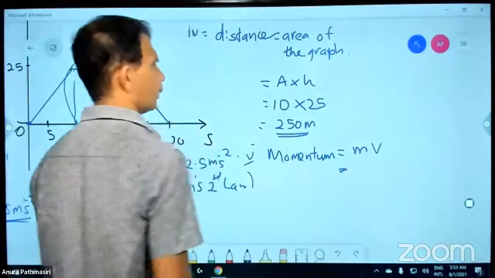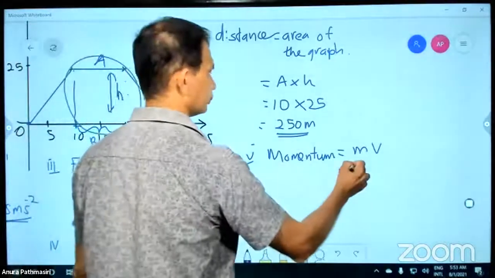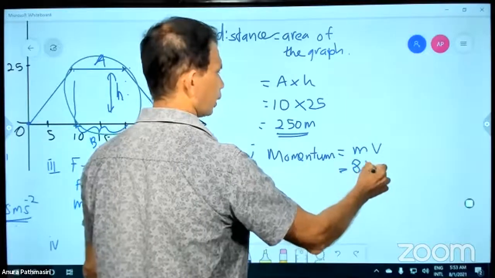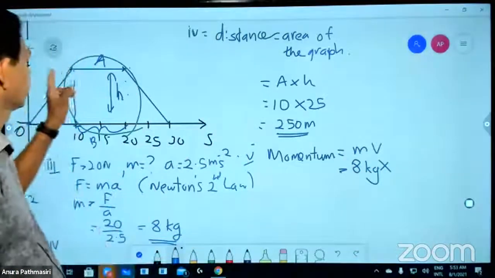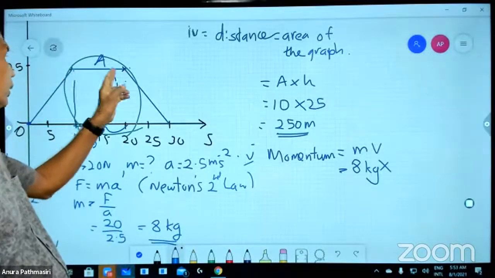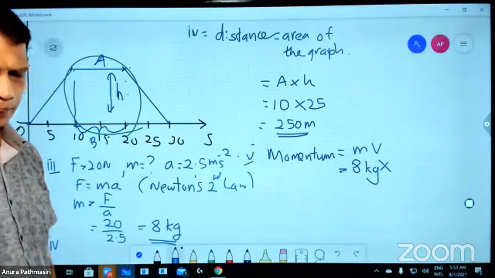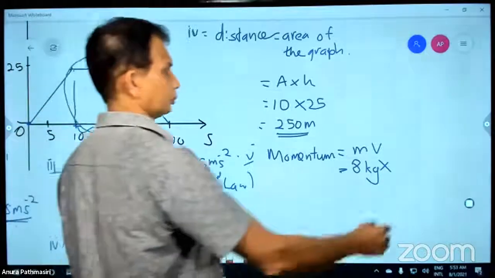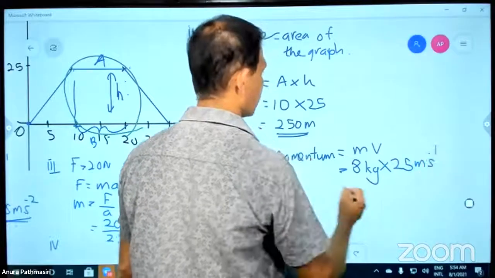Momentum equals mv. Now we know the mass. What is the mass? 8 kilogram. What's the velocity? 25 meters per second.